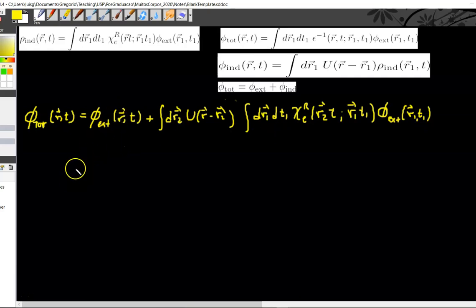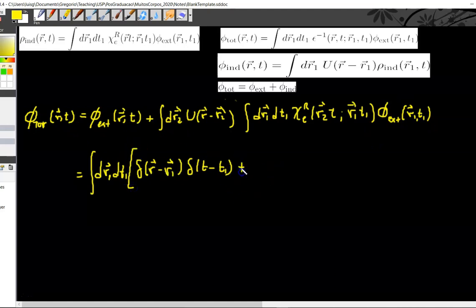Now I'm going to write this term like this: an integral over dr1 dt1, a delta function r minus r1, and a delta function t minus t1, times this at r1 t1. I'm going to write these other terms and multiply everything by phi external at r1 t1.